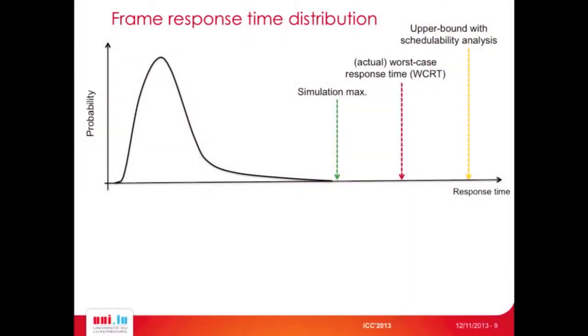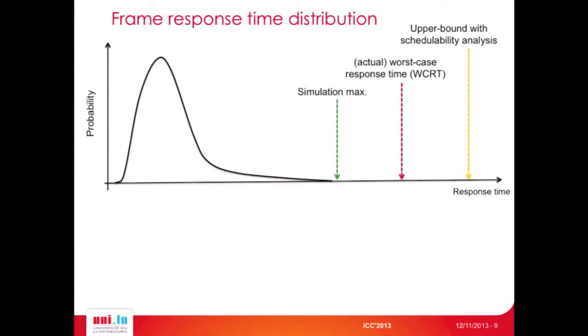Okay, first, to illustrate the fact that analytic models are pessimistic. You see a distribution of the response times, the values, and the probability on the y-axis. Simulation max is the highest value that can be seen by simulation. In red, that's the worst case possible response time. We don't know it necessarily, but that's the worst case possible response time.